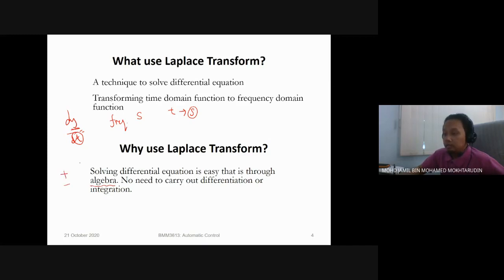From, let's say, dy/dt, you convert it into maybe y plus t, something like that. So it's simpler to solve compared to using integration.